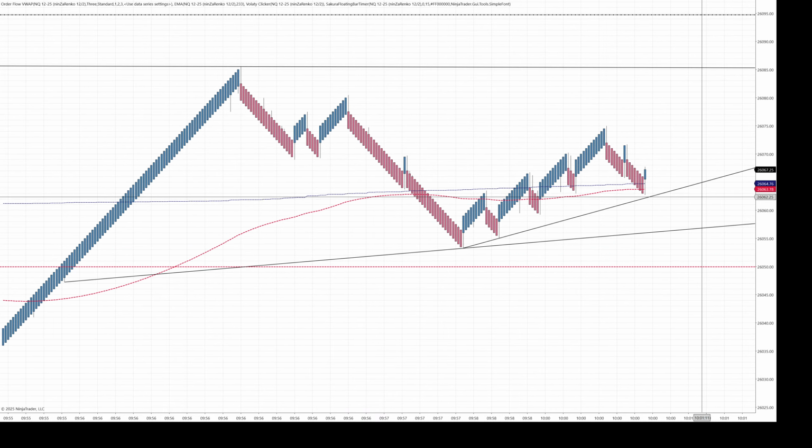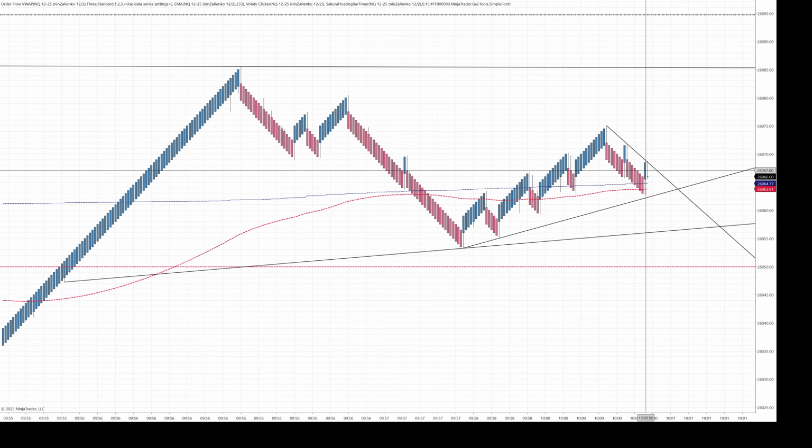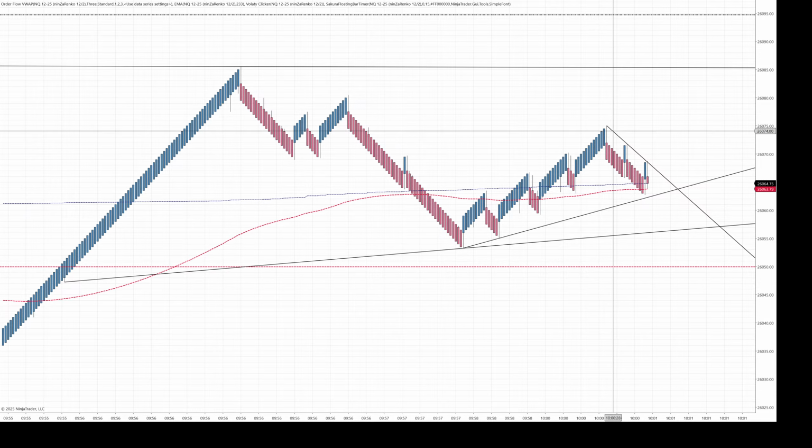We are at an area of interest here, but I can't take it. I can't take the bounce to the upside because this trigger right here, or not trigger, sorry, reversal candle is still underneath this trend line, and you can see we're kind of stuck.